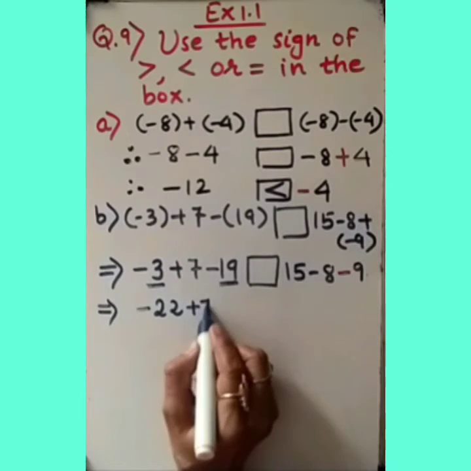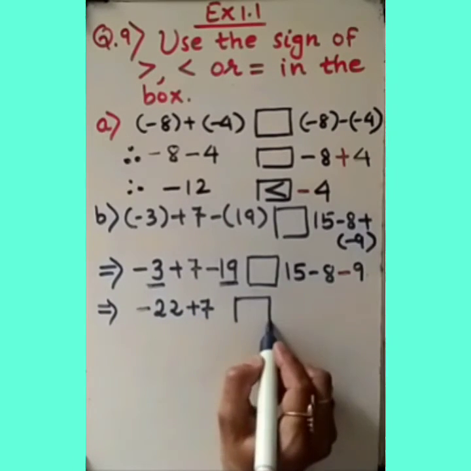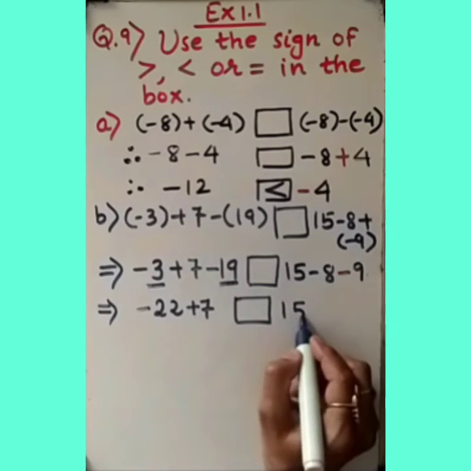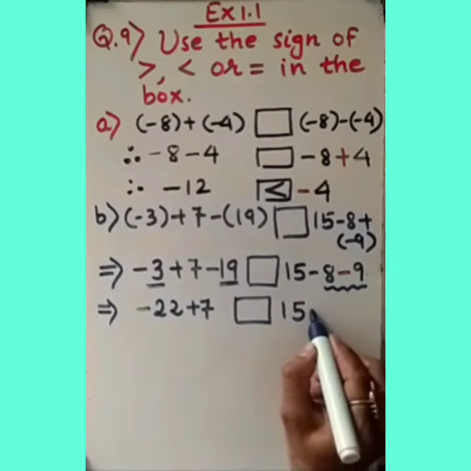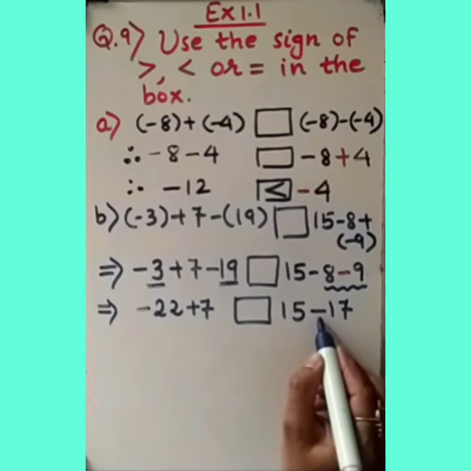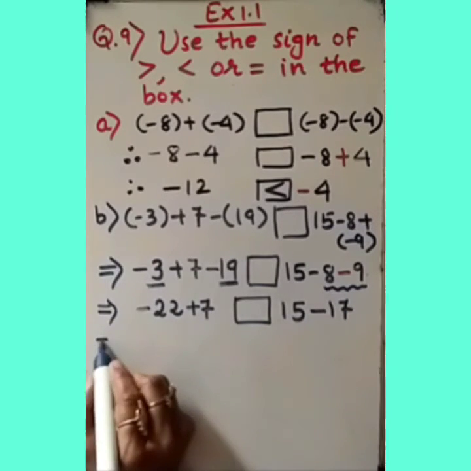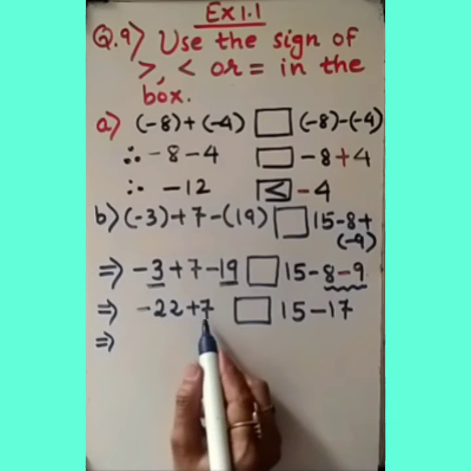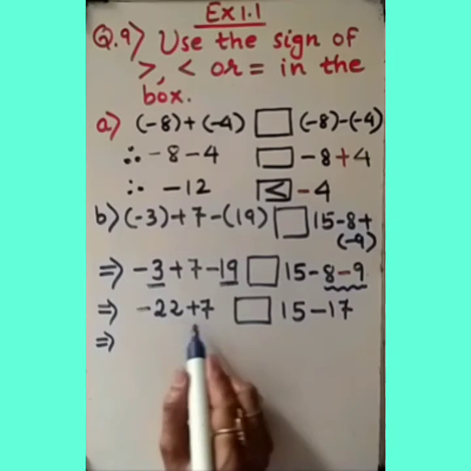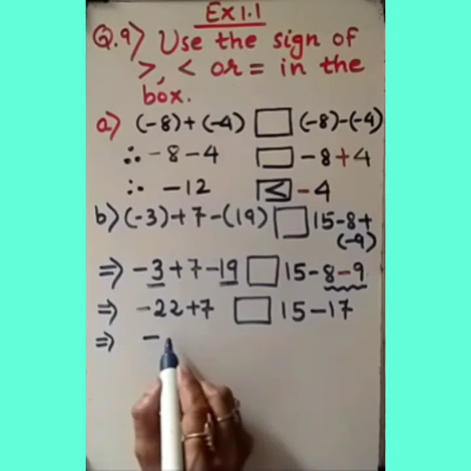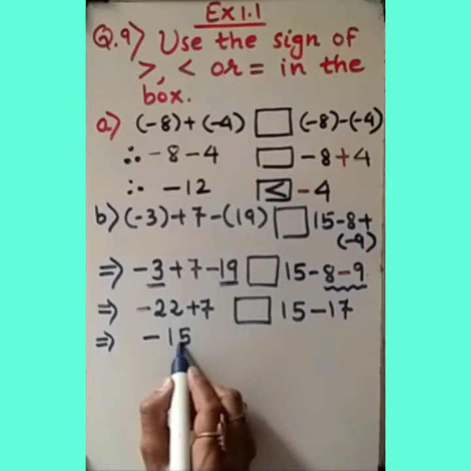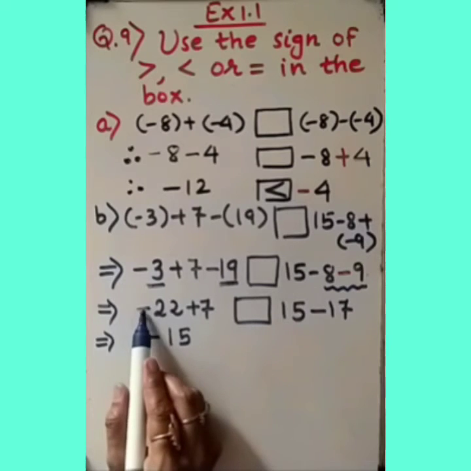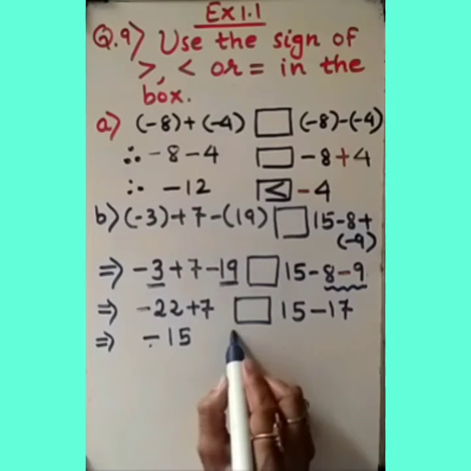And this is plus 7, and here it is blank, and this is -8 minus 9, same sign addition, but the sign remains minus. So next step, -22 plus 7, opposite sign, so subtraction. We know 22 minus 7 gives the result 15, and the big number's sign is minus, so here it is minus.